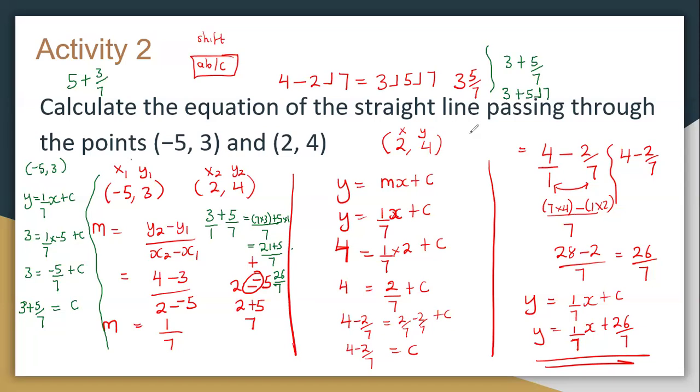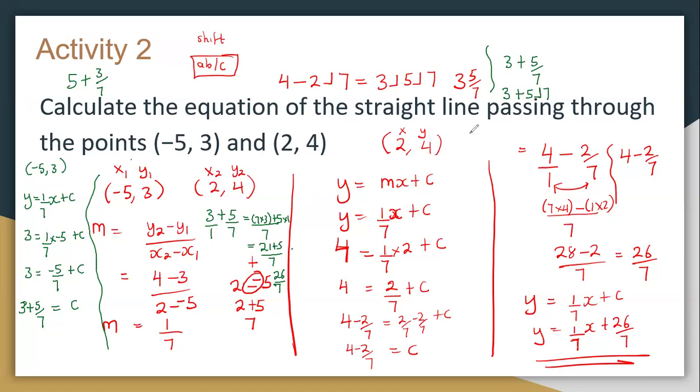Yes. Okay. Yes, Shoma? Is it Shoma? Yes. So I'm asking, what's the best answer? Because you have said that if you get your answers y is equal to 1 over 7x plus 26 over 7, that is correct. Yes.